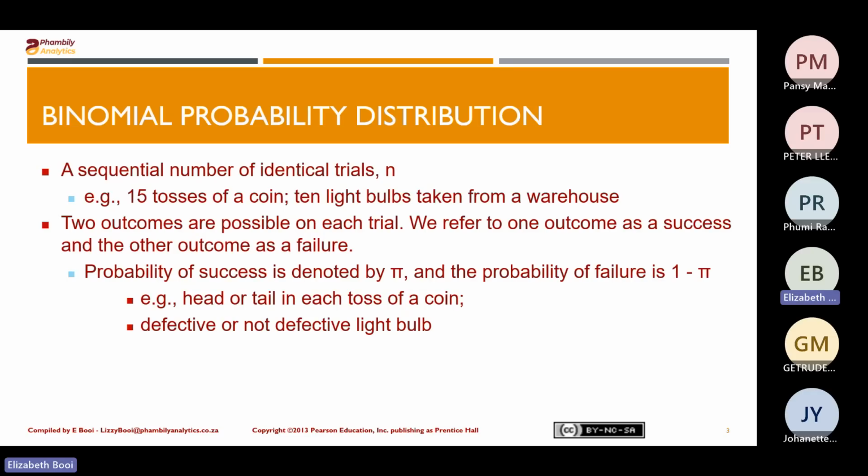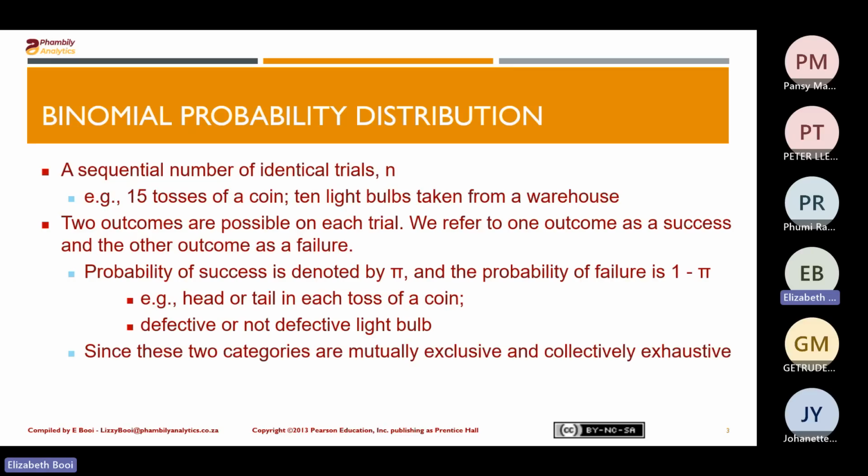If we're looking at a product, then we will have a defective product or a non-defective product. So if I work in a factory and I need to calculate the probability that we will produce a defective product, like a can or a bottle, then I can calculate it by looking at the number of defects versus the number of successes, which are the non-defective items.